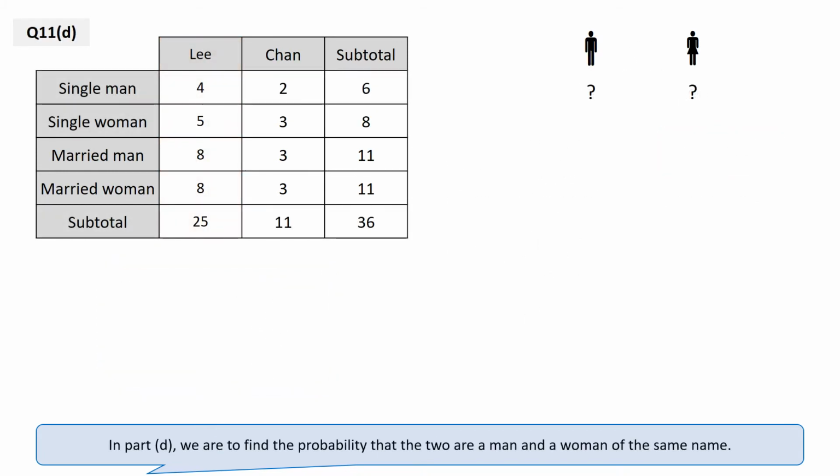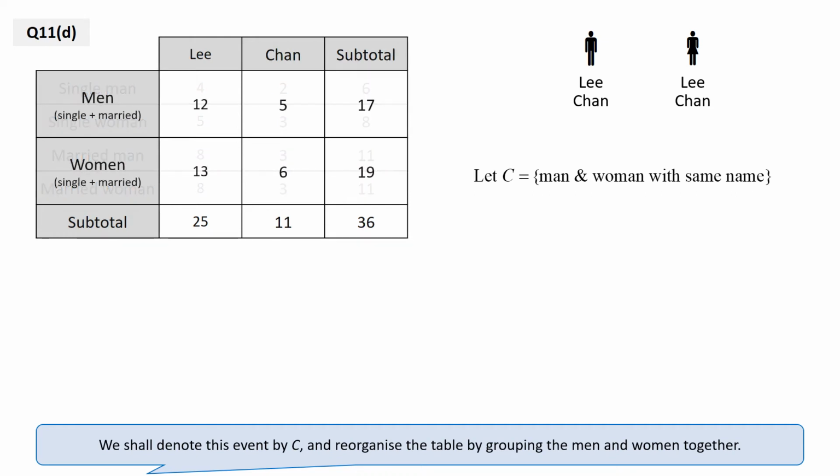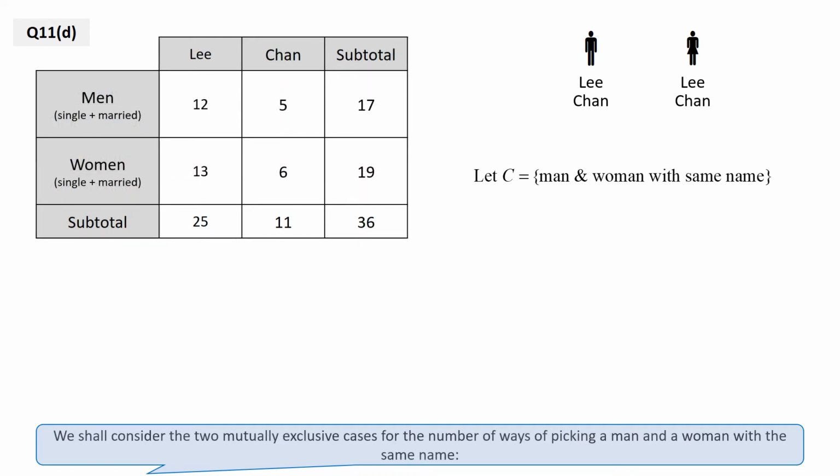In part D, we are to find the probability that the two are a man and a woman of the same name. We shall denote this event by C, and reorganize the table by grouping the men and women together. We shall consider the two mutually exclusive cases for the number of ways of picking a man and a woman with the same name.